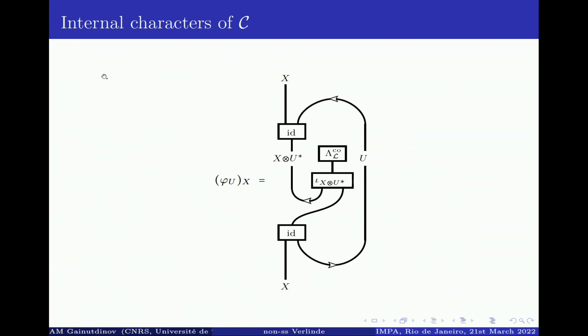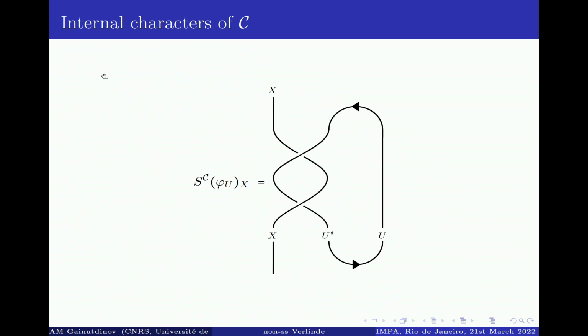So we have an explicit expression, and the property of this phi U, another maybe way to think about it, is that the modular S transformation of phi U provides you this very simple picture. So Lubashenko's modular S transformation sends phi U to another endomorphism of the identity functor, which on components just acts via an open Hopf link.